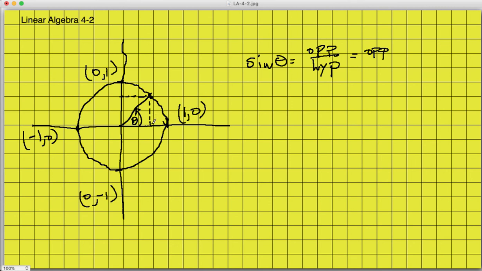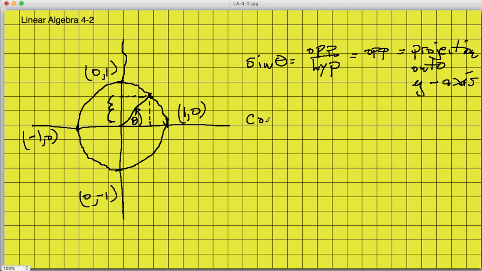And the question is, what is this length? Well, if I project it over to the y-axis, it's just this thing right over there. So this is in fact just equal to the projection onto the y-axis.